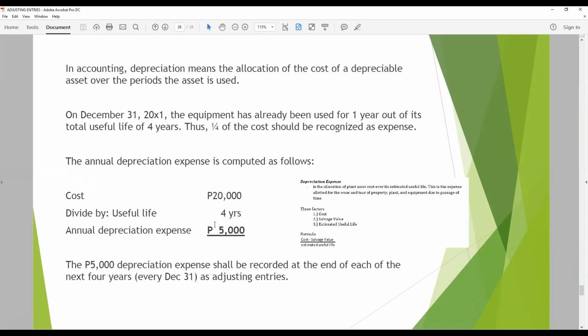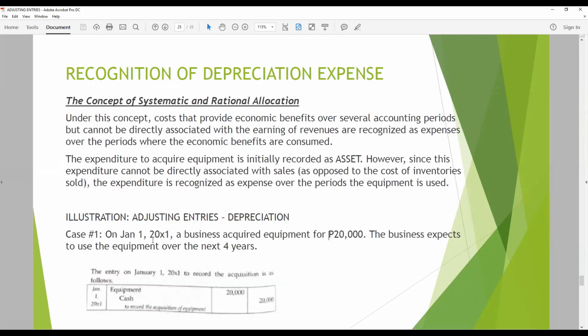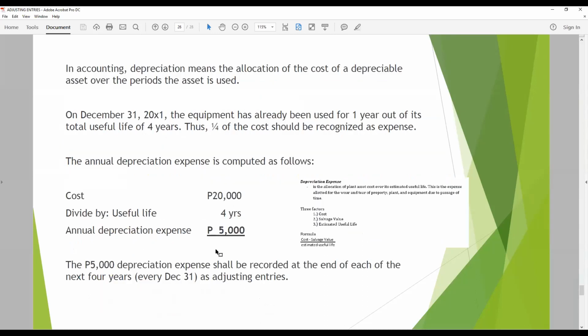Again, you have to take note of the date. So dito sa example natin, January 1 natin siya binili. But if you purchased it February or March or April or any time during the year other than January 1, you need to count the months. So if for example, June nyo siya binili, 6 months lang yung depreciation nyo.